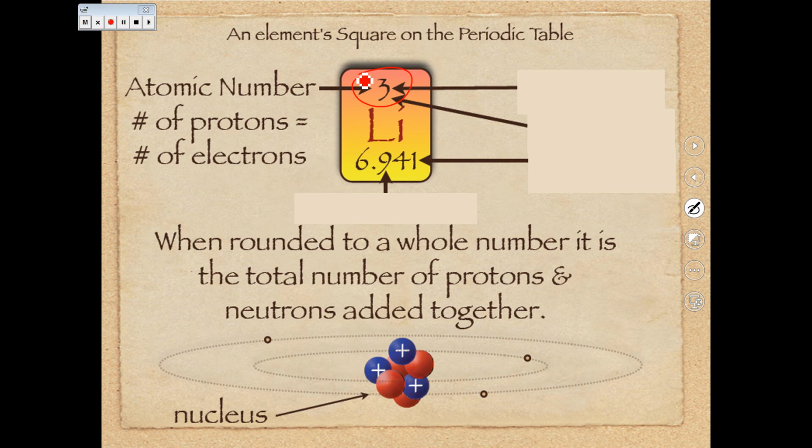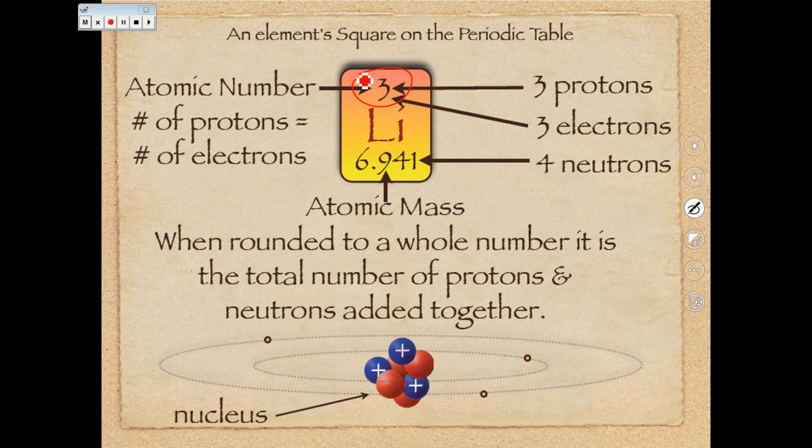The decimal number on the bottom, usually 6.941 in this case, is the atomic mass, the relative atomic mass of the element. Here, the 3 is showing you that there are 3 protons, 3 electrons, and then it also says 4 neutrons. How did I come up with that number 4?